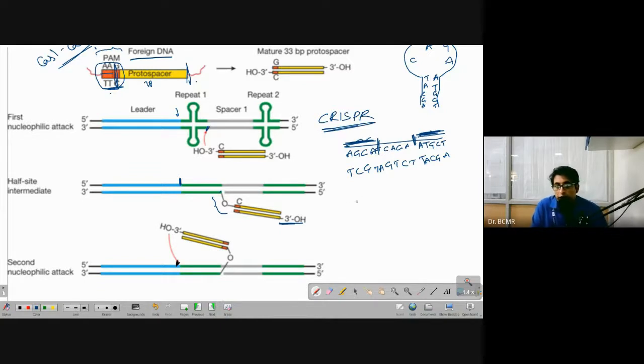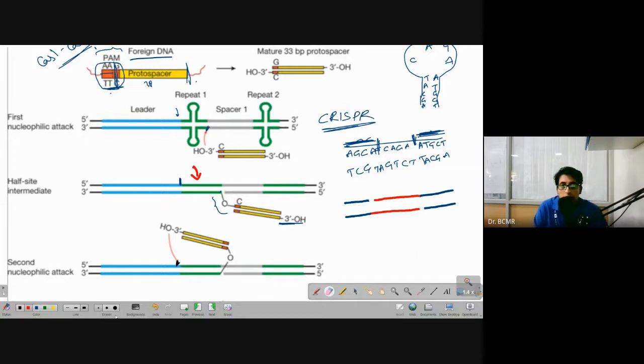So I'm going to draw it in 3 different pieces here. These are the adjacent regions, and I'm trying to put this repeat here. Assume they are joined like this, and this is another repeat. What I was telling you was there is a nucleophilic attack here and here.